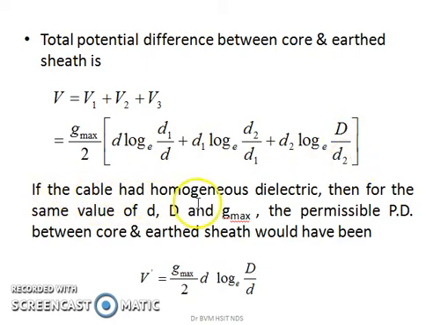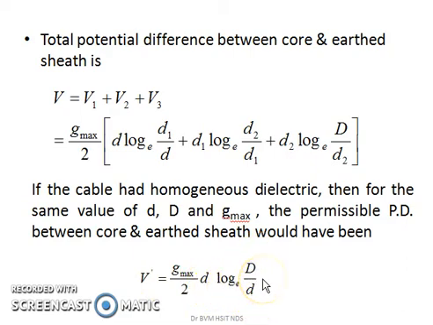I have substituted the values of V1, V2 and V3, right? If the cable had a homogeneous dielectric, that is the same dielectric, then for the same value of d, capital D and G max, the permissible potential difference between the core and the earth sheath would have been V dash equal to G max by 2 d natural log of capital D by d.